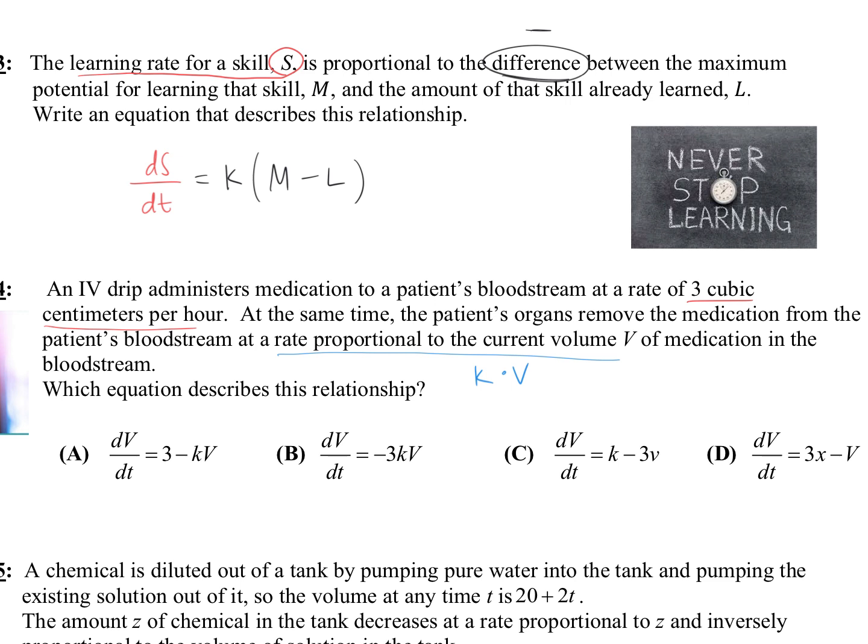Okay, but then I start with the 3 cubic centimeters per hour, but we're taking out that K times V. So which one of those 4 options do we think is going to be our answer? A. Okay, there's another one that I could get rid of right away, which I forgot to mention. Which one do you think I could get rid of right away and why? D, because there's no K, right? Every single one of these has to have a K in it because that's our constant of proportionality, okay?